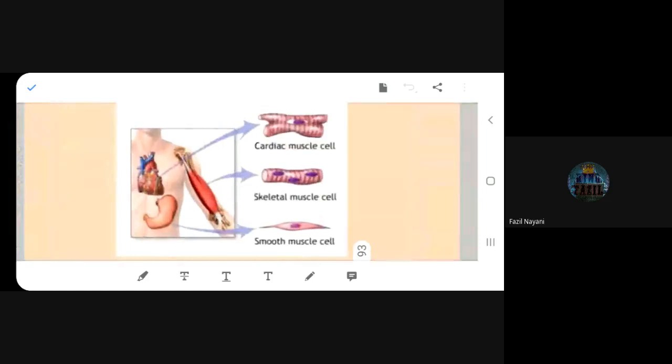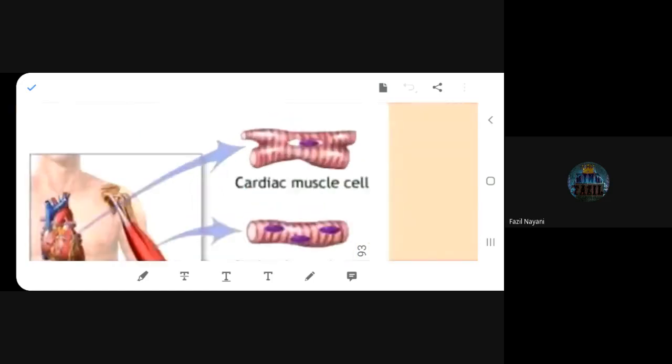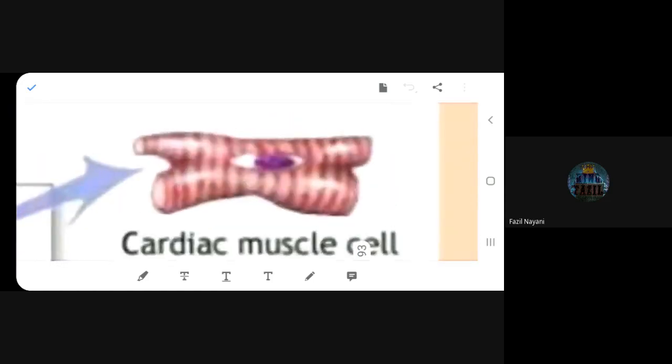There it is. You see this cardiac muscle? So you can see the lines? Yes, ma'am. And it is branched. Can you see the branching? Yes. So you got the structure? So this is the cardiac tissue or the cardiac muscle.